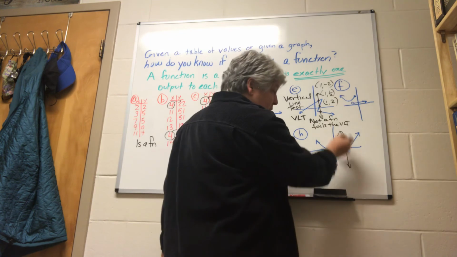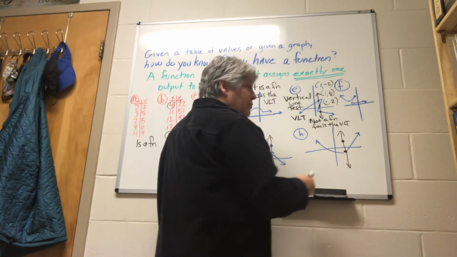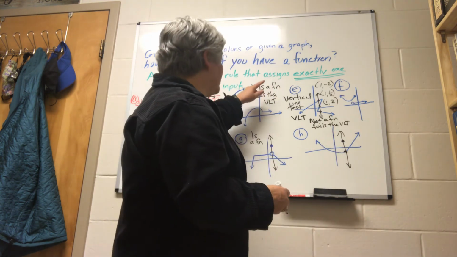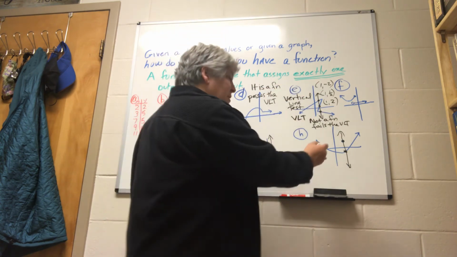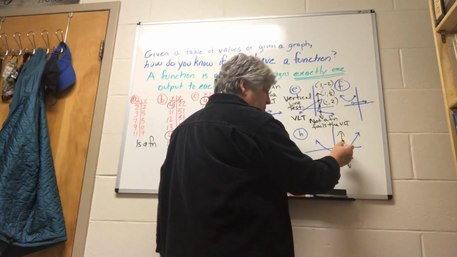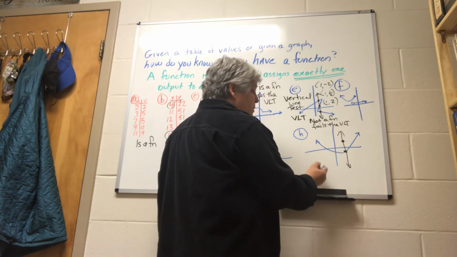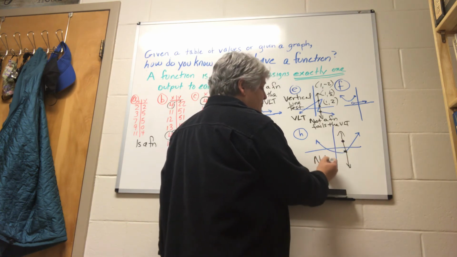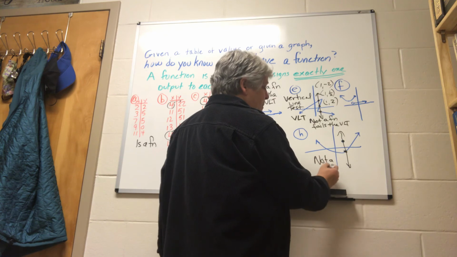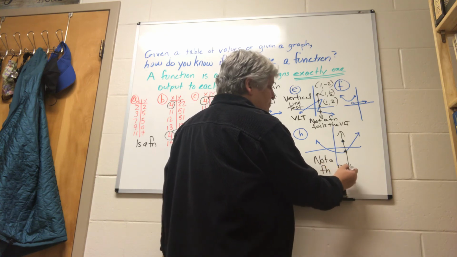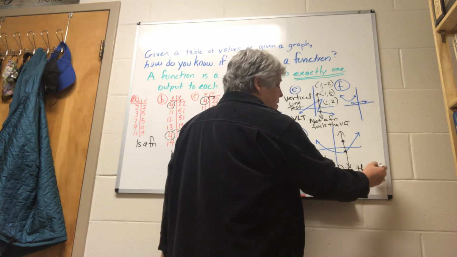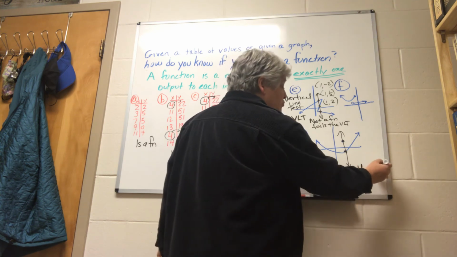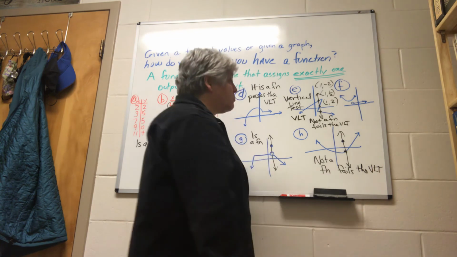When I draw my vertical line there, I capture both of those points, but I'm supposed to have only one output for every input. That would give me two outputs for this x coordinate. So this one is not a function, and it fails the vertical line test, meaning that it's possible to draw a vertical line that intersects more than once.